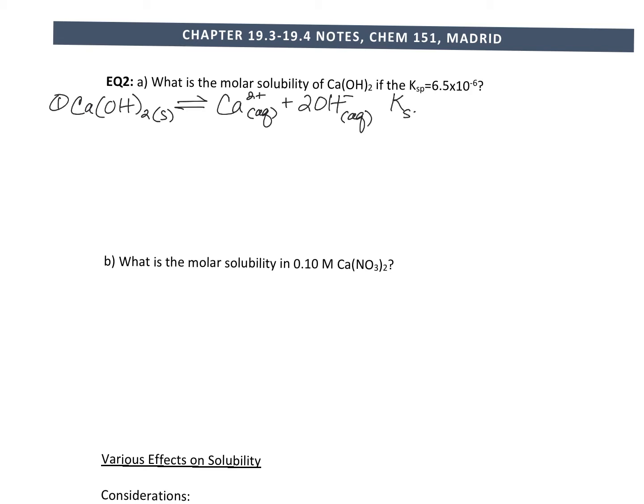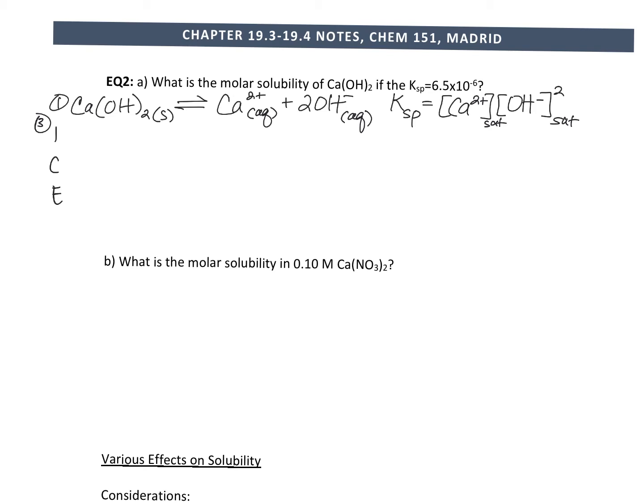Make sure to apply that 2 there. And the Ksp is going to be equal to the concentration of calcium times the concentration of hydroxide squared, and both are saturated.